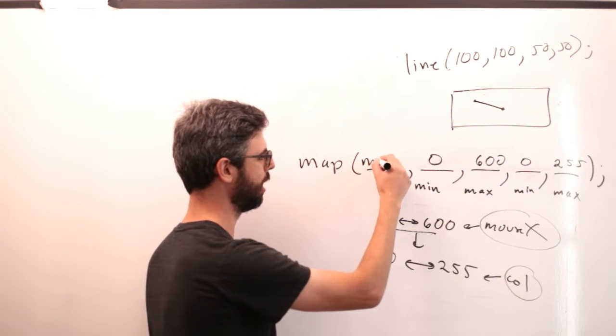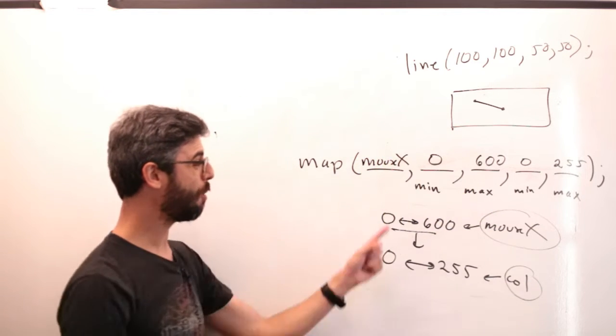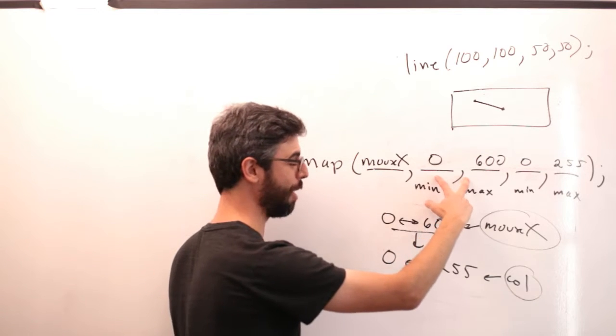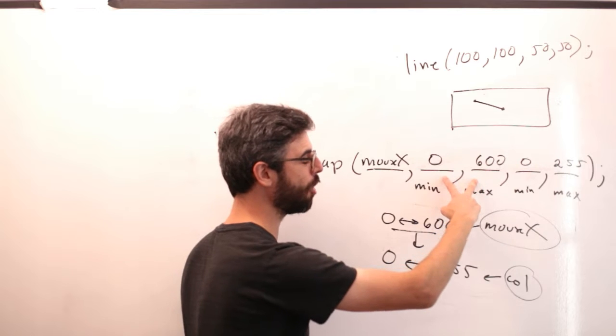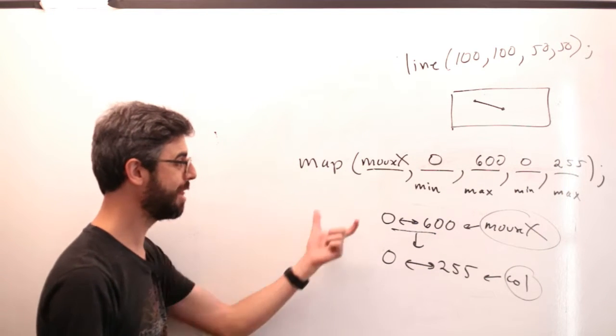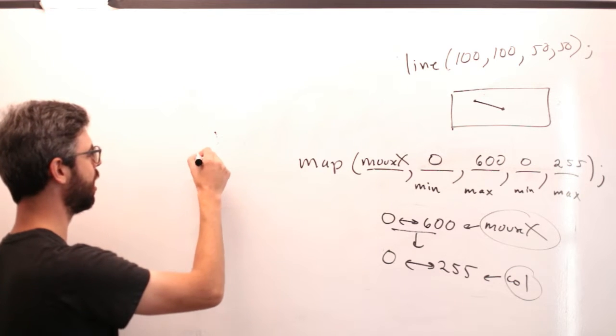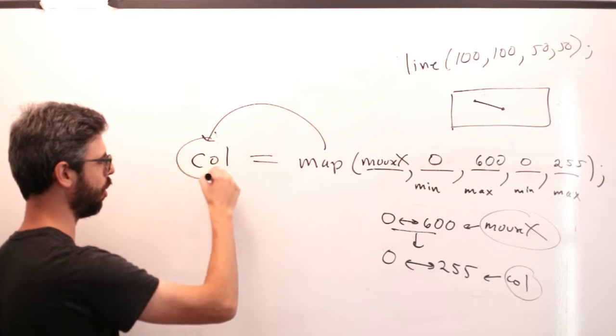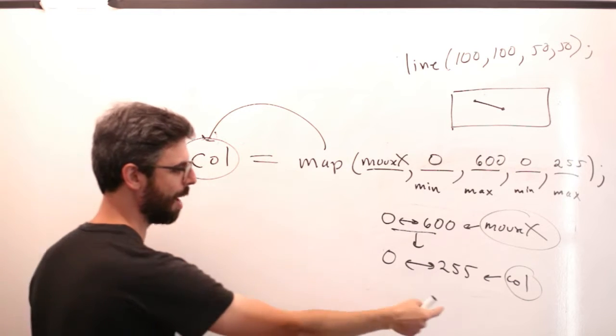Well, in this case, it's mouseX. So I want to map mouseX, which I know has this range, that's the x values, and I want to map it to this range between 0 and 255 for the purpose of color. And then when I map it, what do I do with it? I want to take the result of that mapping and assign it to my variable color.